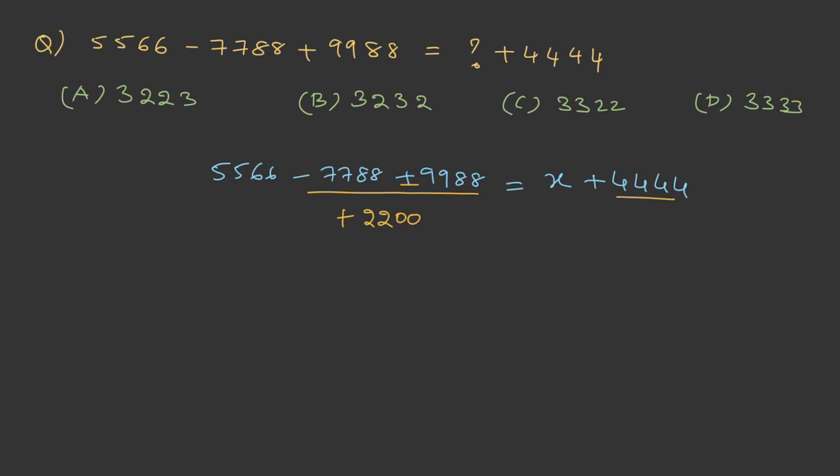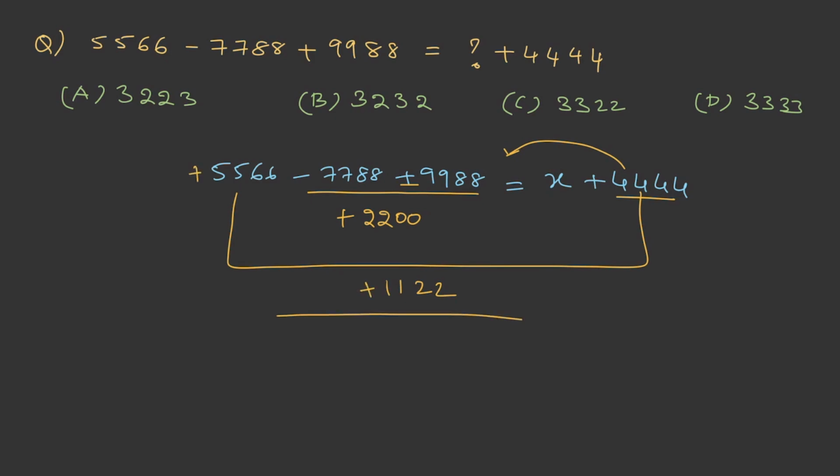Now when we take this value to this side, it becomes negative. So instead of taking it to the left side, let me subtract them directly, these two numbers. This will be 1122. Again the bigger number is plus, therefore I will put it as plus. Now because both are plus, we can just add them. This becomes 3322. That's the answer.